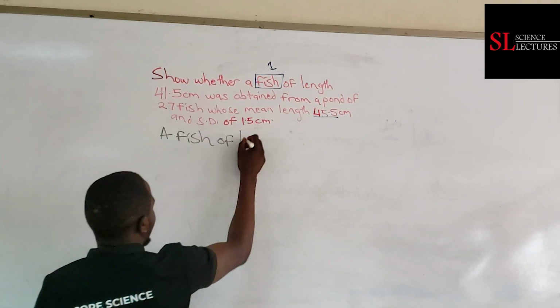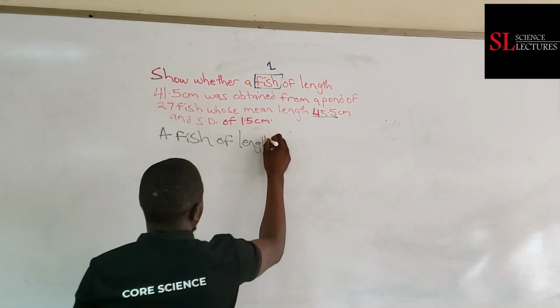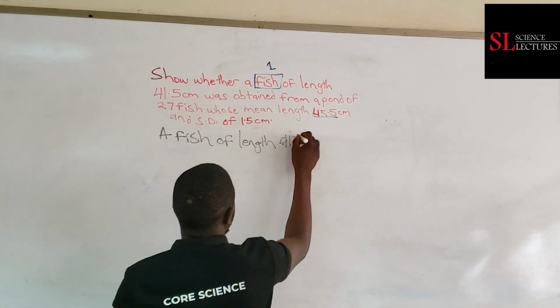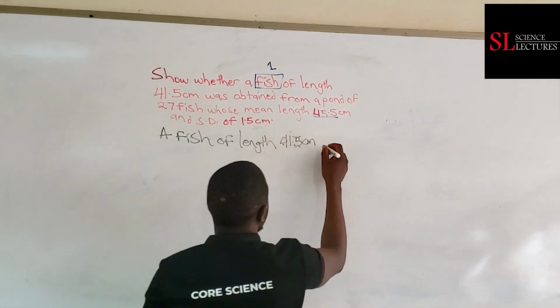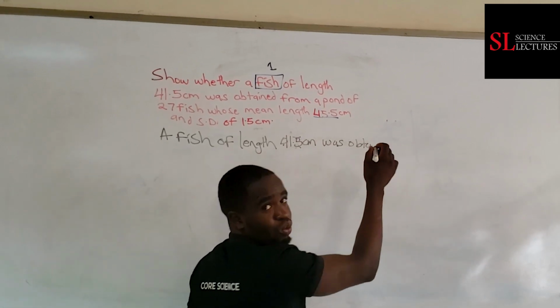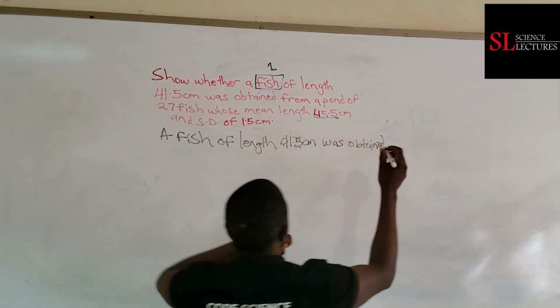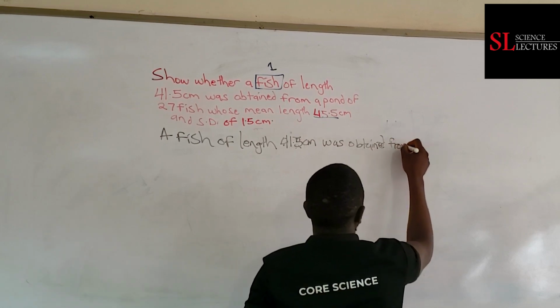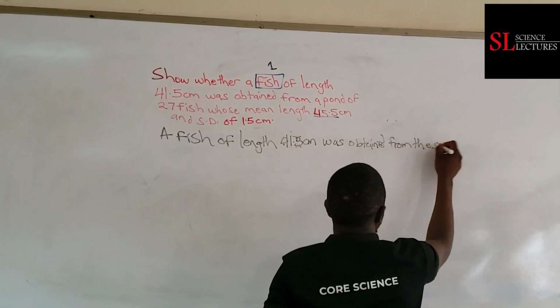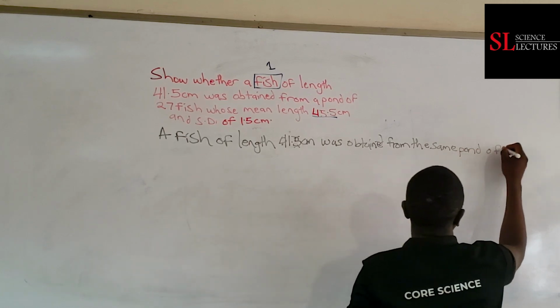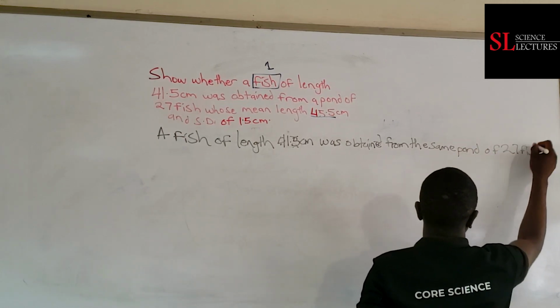of length 41.5 centimeters was obtained from the same pond of 27 fish.